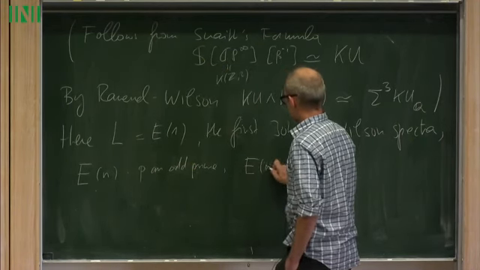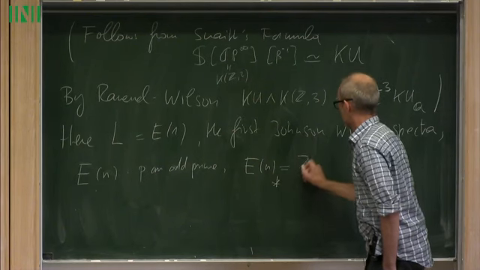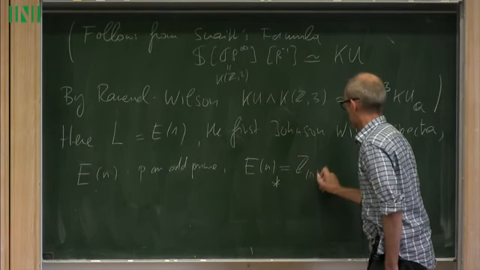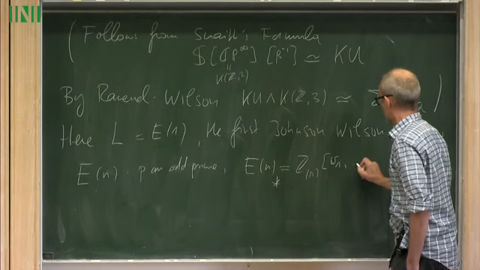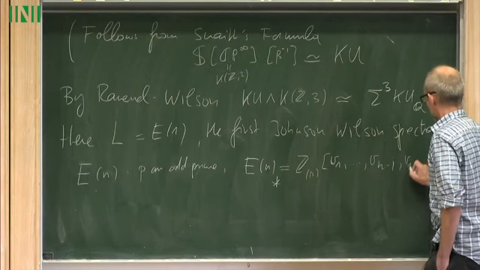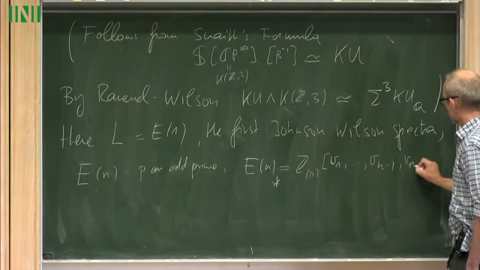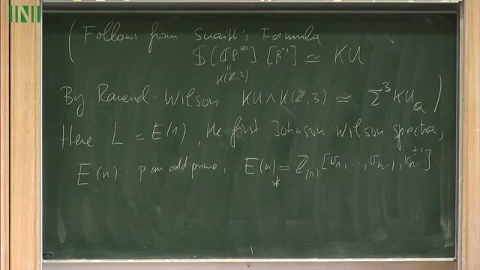So the coefficients of the Johnson-Wilson spectrum are the v1 to the vn's, but the last one is inverted. Okay?